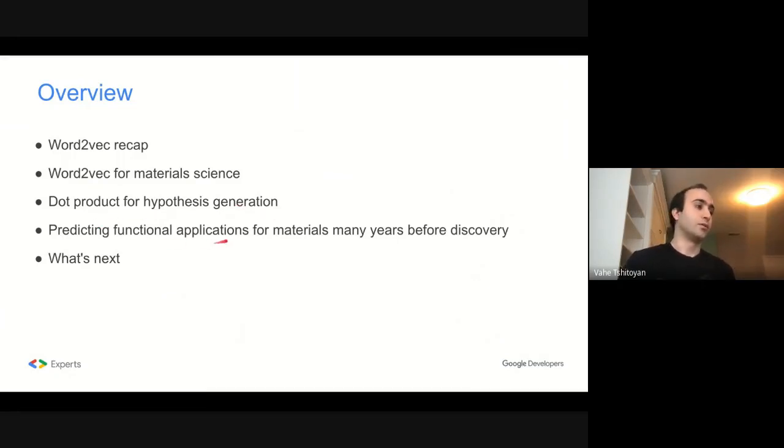I'll talk about how we can use this idea to predict functional applications for materials many years before the actual discovery. And at the end, I'll talk about what's next, since this work has already been out for more than a year, so it's interesting to think about what could be done next.